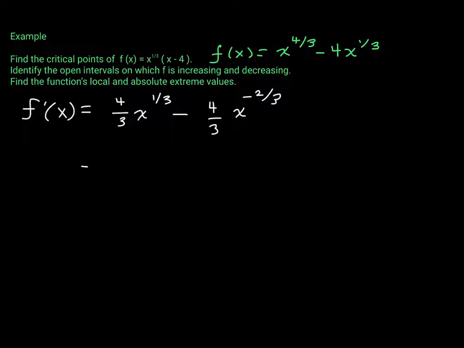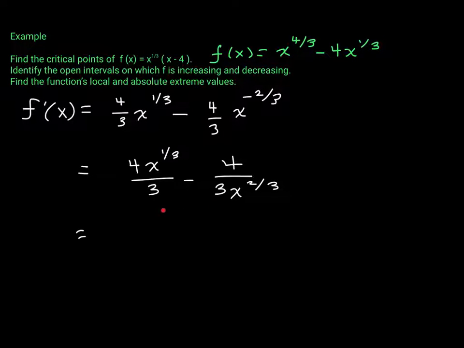I can simplify this by writing it as 4x to the 1/3 over 3 minus 4 over 3x to the 2/3. Now, I would need common denominators.